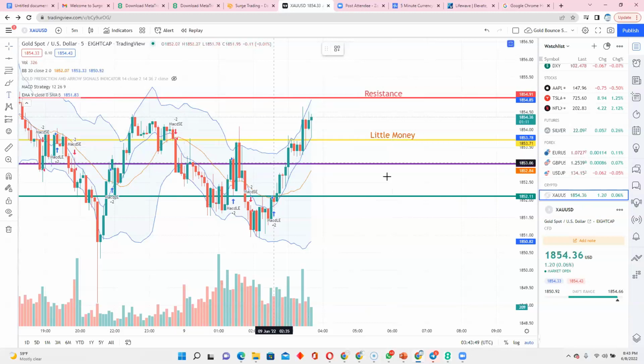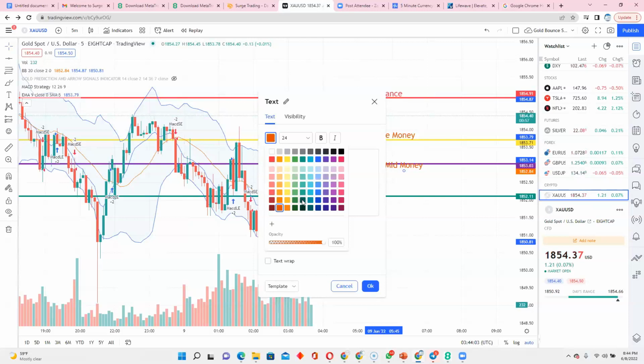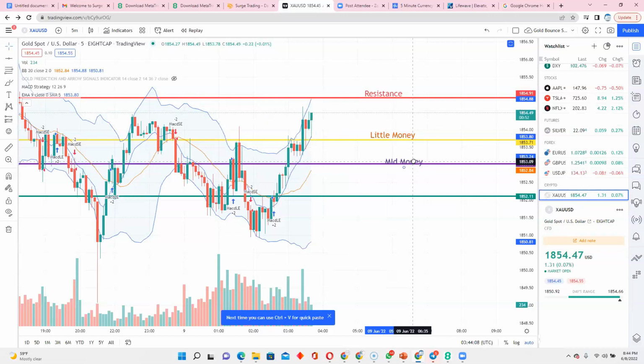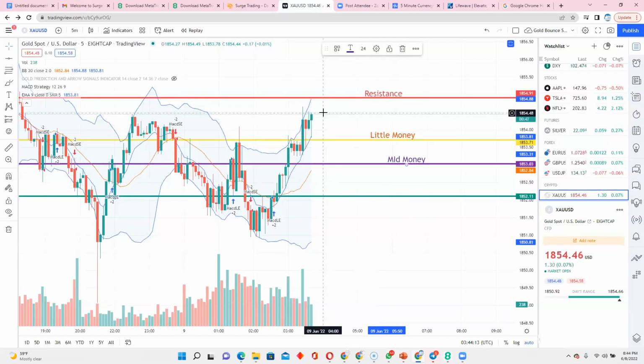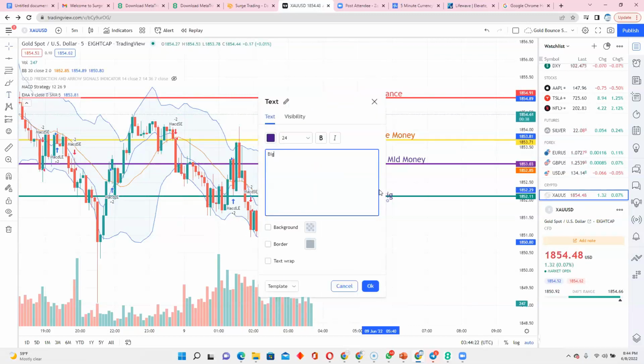That's the little money. This is our mid money right here. And now it hit that same spot again, so you guys could get in again to go down. It just hit our same spot we got in, so you guys could get in once again. And this is the big money.